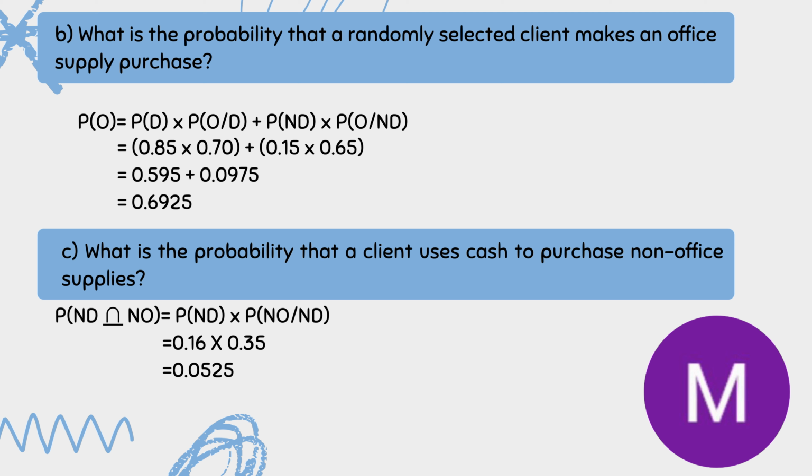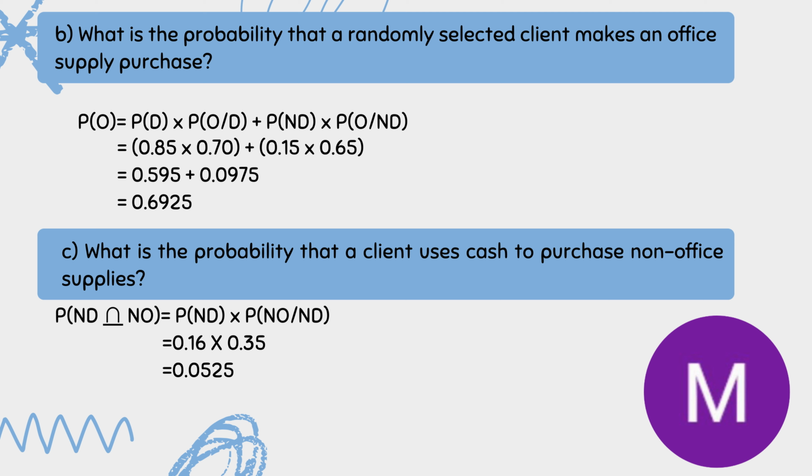We substitute all the values from the diagram. We get 0.85 times 0.70 plus 0.15 times 0.65. We add up the values and the probability of an office supply purchase randomly occurring is 0.6925, or 69.25%.